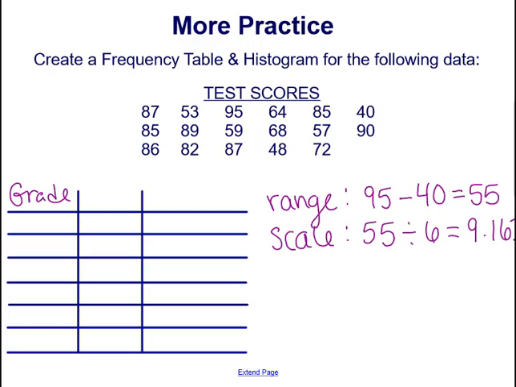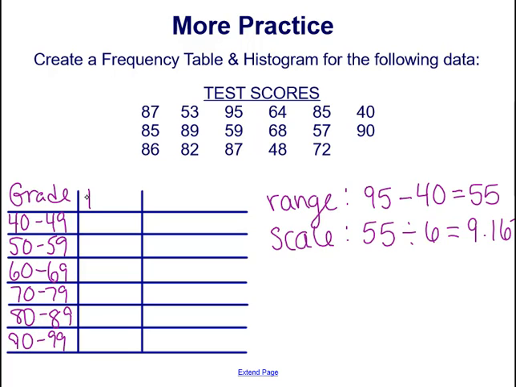So if our lowest score is 40, let's start with 40. Then that first interval would be 40 to 49, and then 50 to 59, 60 to 69, 70 to 79, 80 to 89, and 90 to 99.